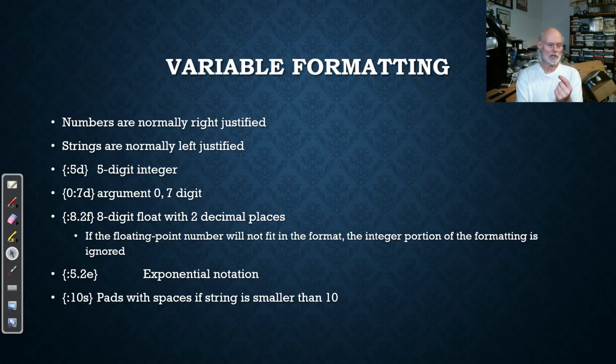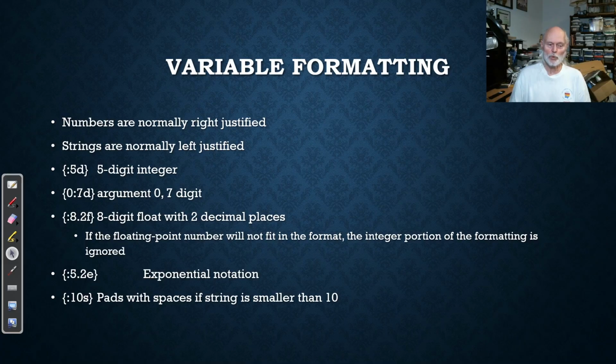For example, a colon 5D says this is a 5-digit integer, or reserve 5 spaces for the integer. A 0 colon 7D, the 0 with the dot format would be the positional argument, 7 characters, and it's an integer.